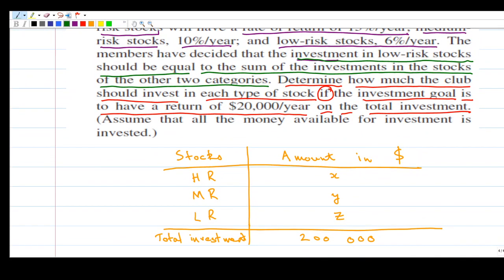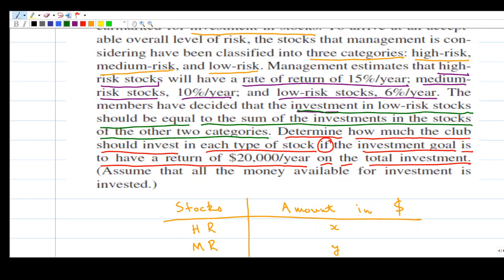Okay, so let's go back. The part in purple: management estimates that high risk stocks will have a return of 15% a year, medium risk 10% a year, and low risk stocks 6% a year.